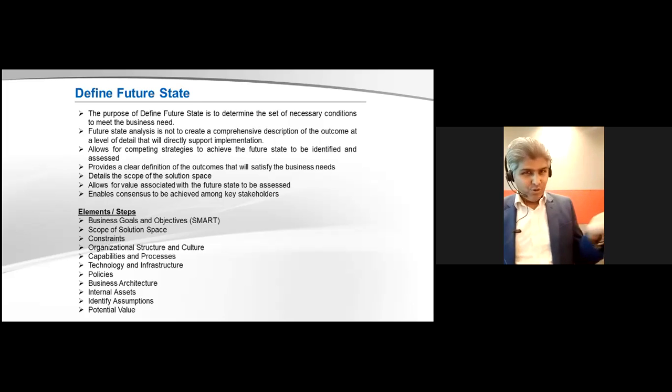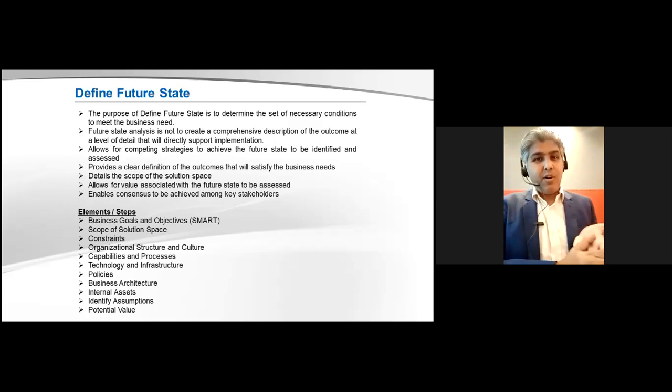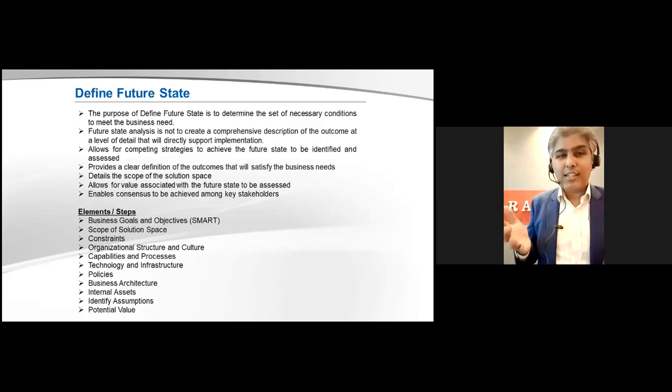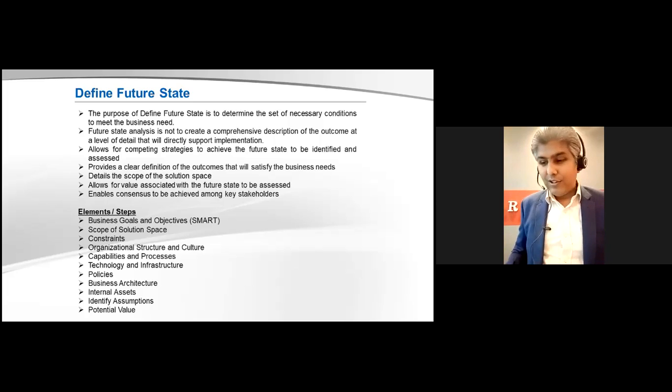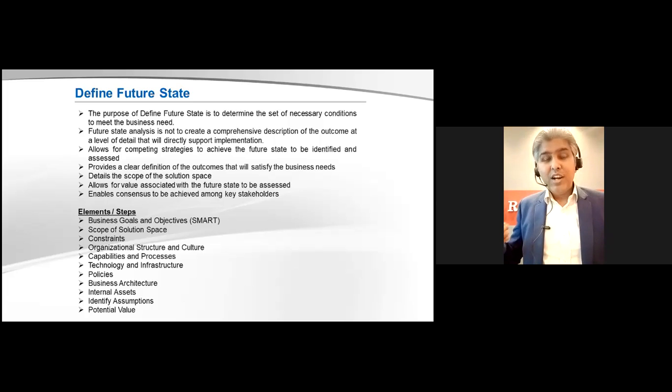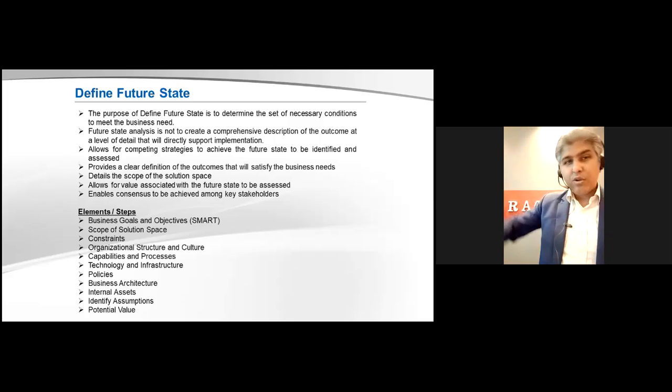So you now know what your organization is capable of, what the processes, culture, and all that are. Now what you need, you write all these things. So this becomes your change management plan actually. So okay, what technology and infrastructure you need, what policy changes you will need. It's a business rule analysis you have to do to find out what business rules we are going to change in order to implement that.